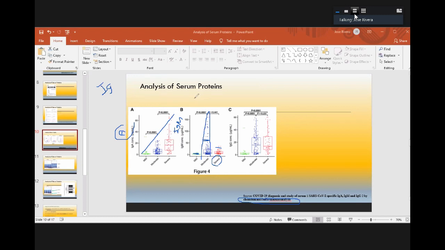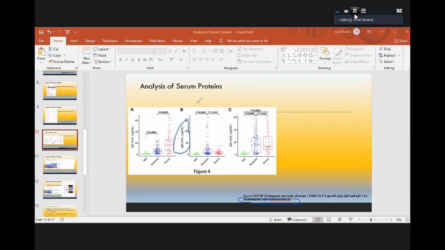Does anybody remember when IgMs act, when they are important? What do you remember about IgM? Anything about the structure or when is the onset of when they work?